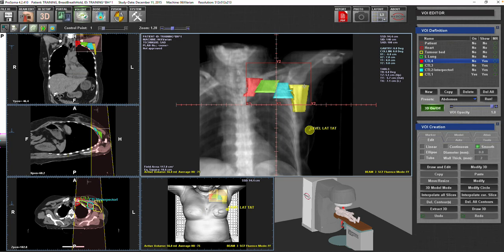And we don't usually care about the most upper cuts of CTL1 because we don't usually see recurrences in there. So feel free to shield the humerus properly, and tell your physicist or dosimetrist that the upper cuts of CTL1 will be compromised in the dose coverage, and that's absolutely fine.